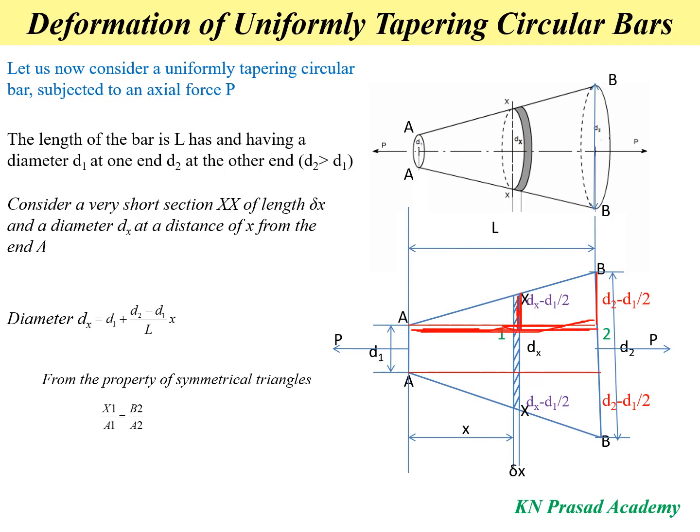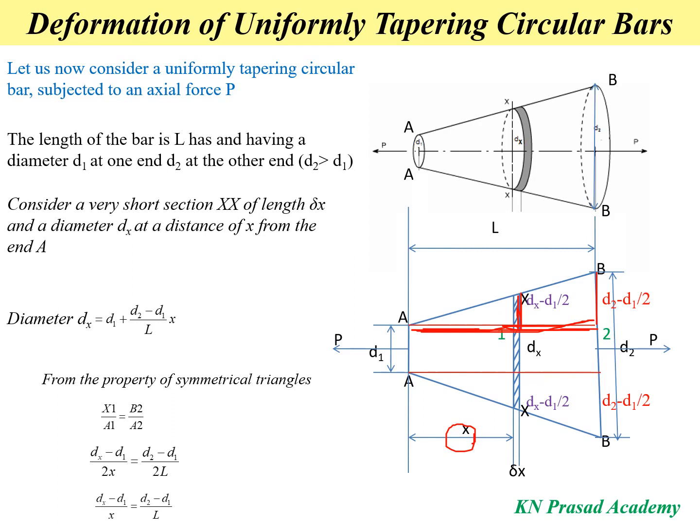We know the x1 value, which is (dx minus d1) divided by 2, and the a1 value is the small x.